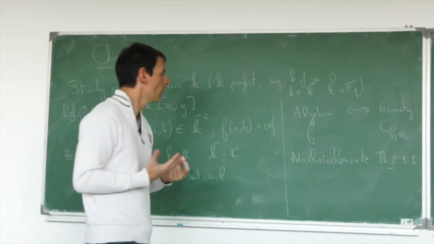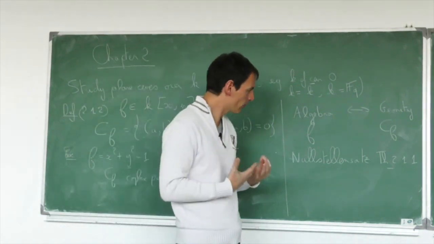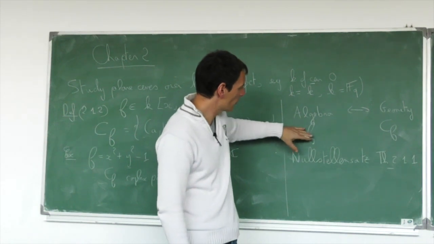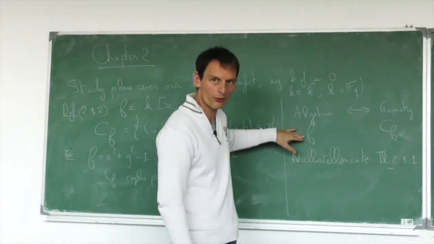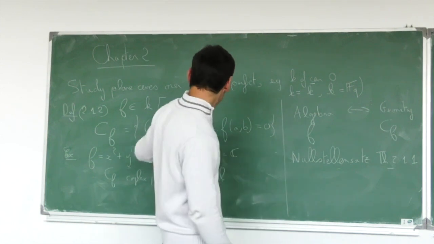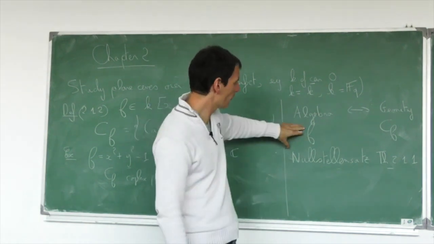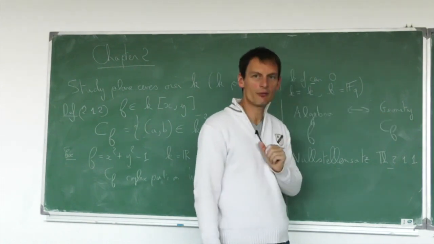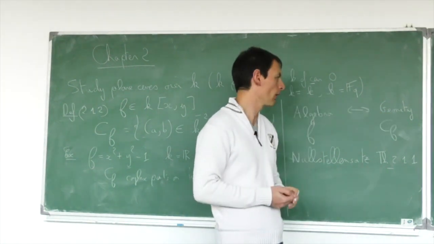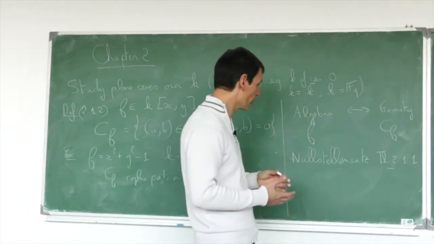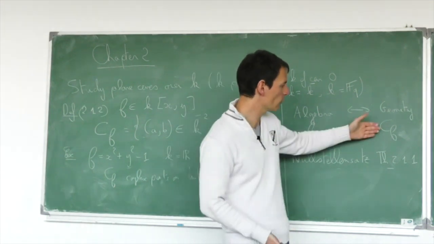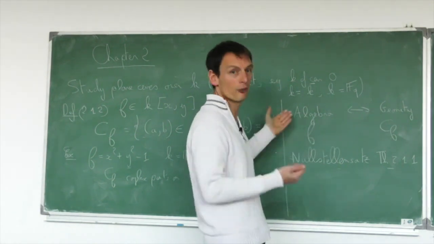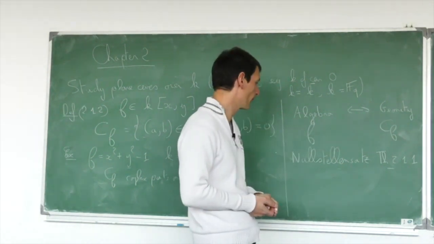And this goes quite far because, for instance, how f factors as a product inside k bar of x, y is going to tell you how the curve C of f decomposes into components. So sometimes I'm going to say, let's study the components of the curve C of f, and sometimes, let's study factors of the polynomial f.